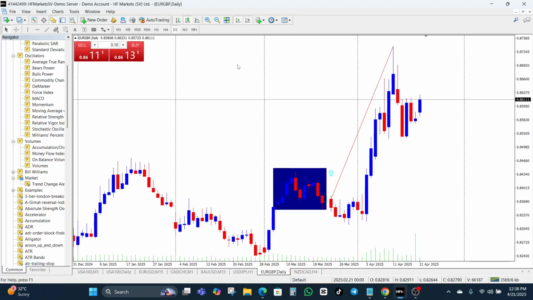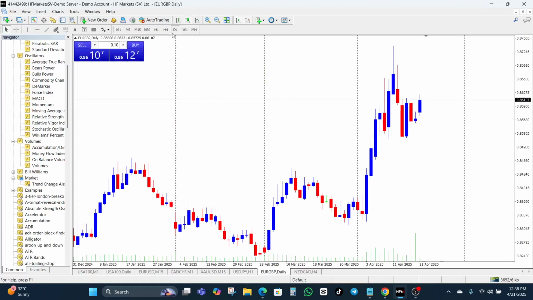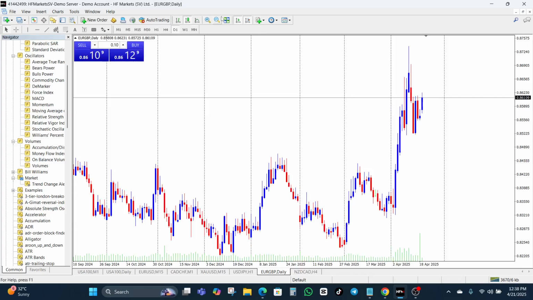Now when it comes to time frames, this indicator is most suitable for the 4-hour and the daily charts.